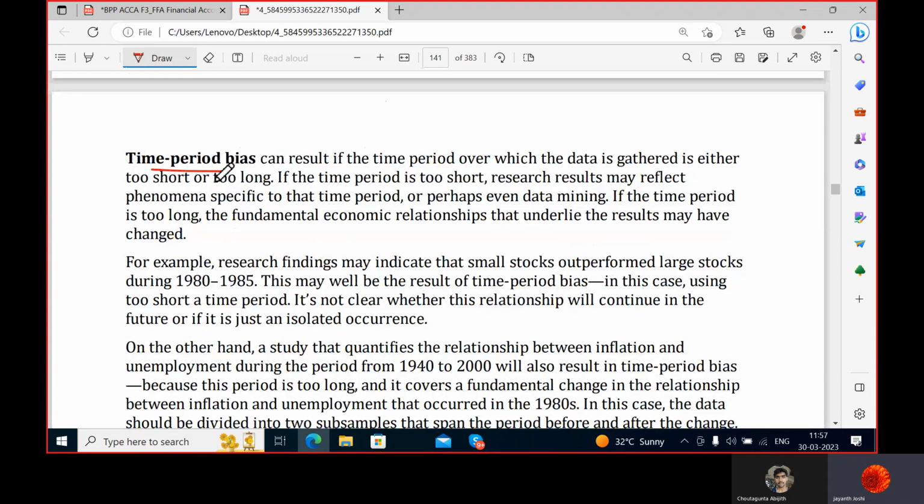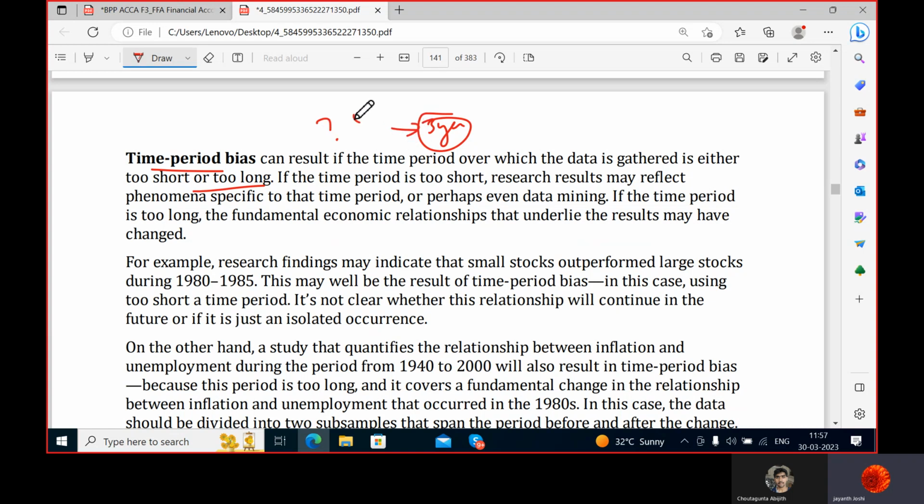Time period bias can result if the time period over which the data is gathered is either too short or too long. That means when we want to do some research, we consider some time period, maybe too short a time period, and that gave us some result which is now questionable. I took 3 years to study. Then someone may question me, no, I don't find the accuracy of the result.